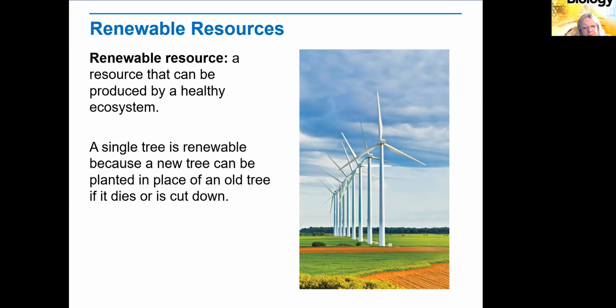Water is another example of a renewable resource. Only 3% of the Earth's water is fresh water, though, and most of that is locked in ice at the polar caps. Since we cannot infinitely expand our use of finite resources, we must protect the ecosystems that collect and purify fresh water.